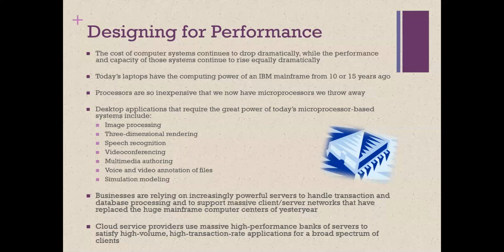And you can even substitute, instead of saying today's laptop, today's smartphones. Because in actual sense, some of today's smartphones are so powerful that they could match up with that of the IBM mainframe of yesteryears. For example, Galaxy 21.